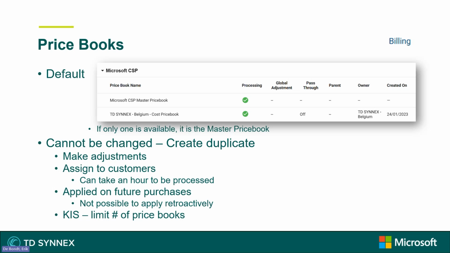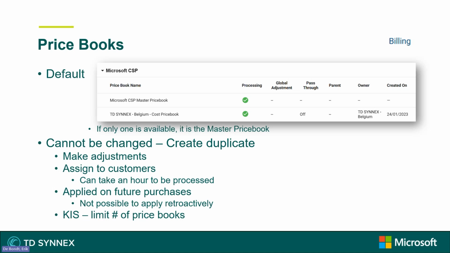So you have a master price book, and then you have the TD SYNNEX Belgium cost price book. What's the difference? With the first one, the master price book, your price out is based on MSRP, so equals MSRP, or you start making prices based on MSRP. On the second one, you start making prices based on your purchase price.